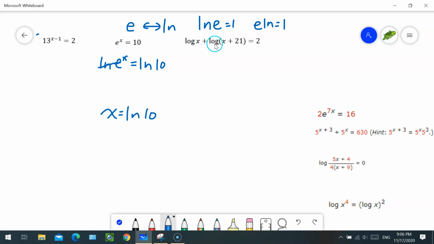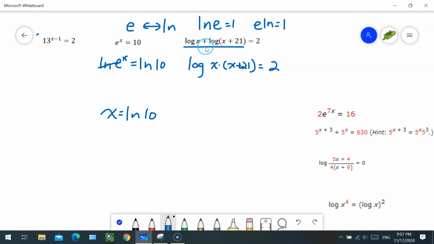Log x plus log x plus 21 equals 2. Since the left hand side has two logarithm forms, I'm going to use the product rule to condense these two into a single logarithm. So once I condense these two, it will turn into log x times x plus 21 equals 2.